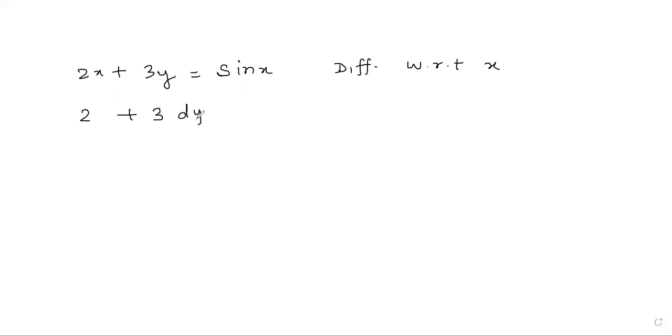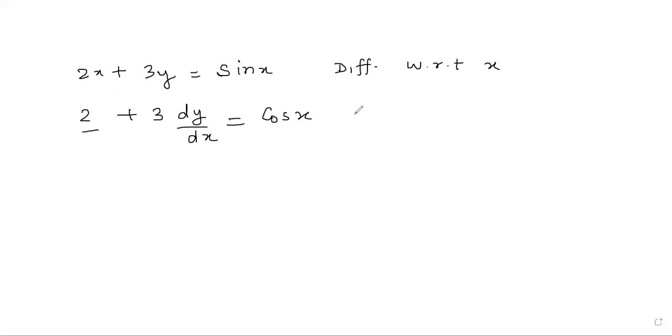Suppose we are given 2x plus 3y equal to sin x. So we can differentiate with respect to x. So differentiating with respect to x, this will become 2 and this will become 3 dy by dx equal to cos x.